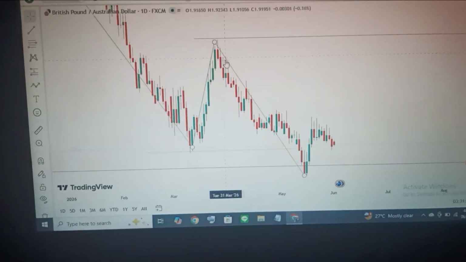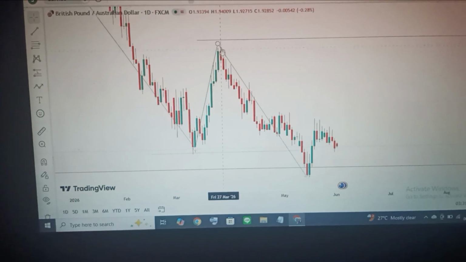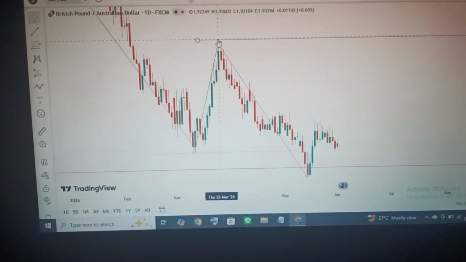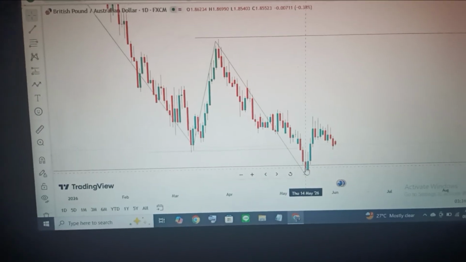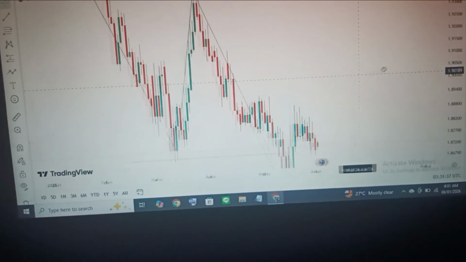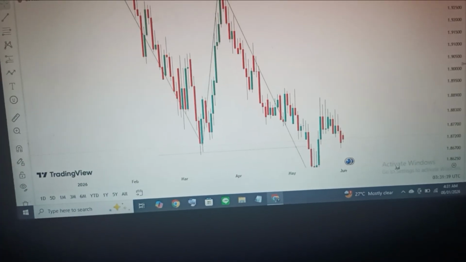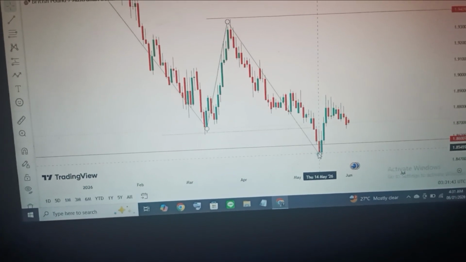Now the overall trend is bearish. This is already taking a bearish trend. So this is a bearish market. From this swing high to this point, it's a bearish market. I hope we are together. So the next thing we want to do here is focus on this current impulsive leg.